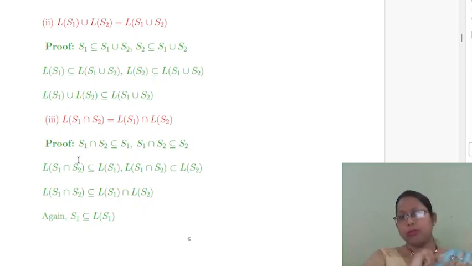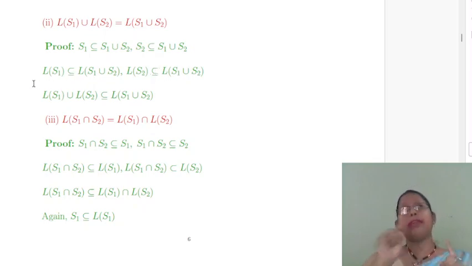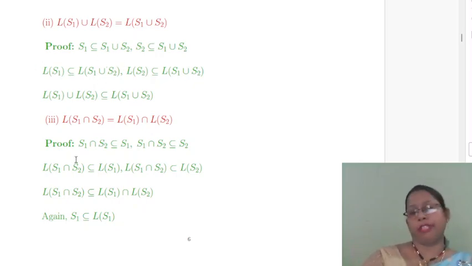Similarly, the linear span of S2 is contained in the linear span of S1 union S2. Therefore, if I take their union, I will get the linear span of S1 union the linear span of S2 contained in the linear span of S1 union S2. So I will get the second result.